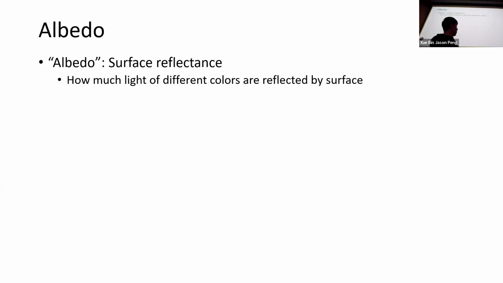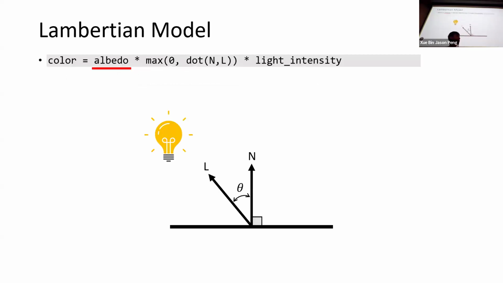Whereas an object with a low albedo value will end up appearing very dark, something close to black. This corresponds to a surface that's going to absorb most of the light that hits it. So with this albedo, we can specify the underlying color of the surface that we are trying to shade under uniform illumination.